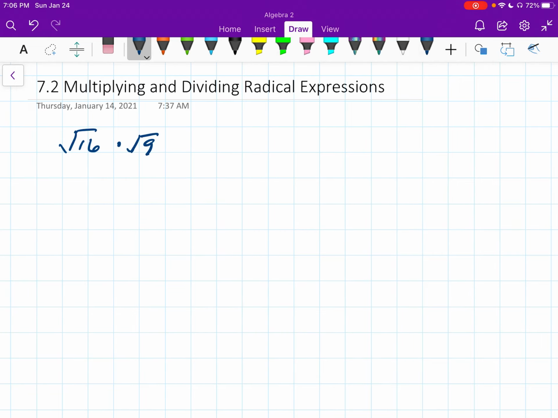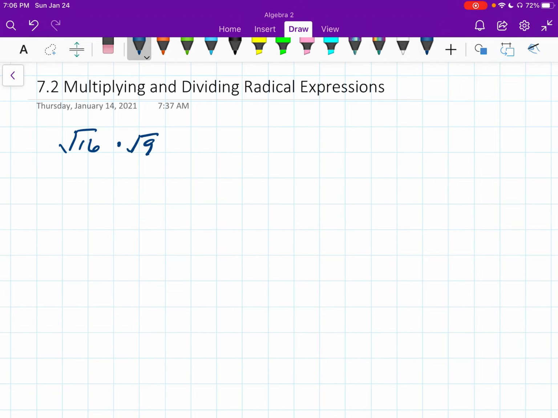So if it's an even root, we can't have a negative under there. So if those are real numbers, then the nth root of a times the nth root of b is equal to the nth root of a times b, right? This is just the general form of what we wrote over there on the left side with that root 16 and that root 9.